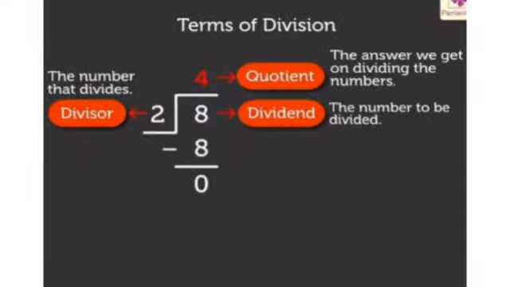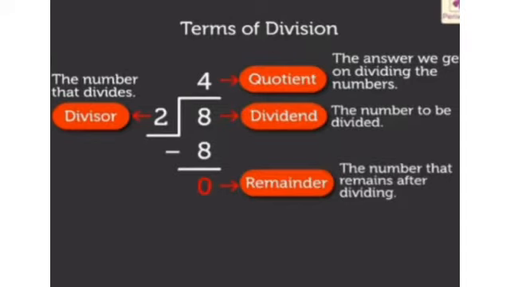Next, the number we get on dividing is called the quotient, and here the number 4 is the quotient. Next, the number that remains after dividing is called the remainder, and here the number 0 is the remainder.